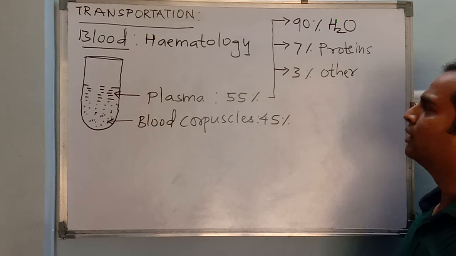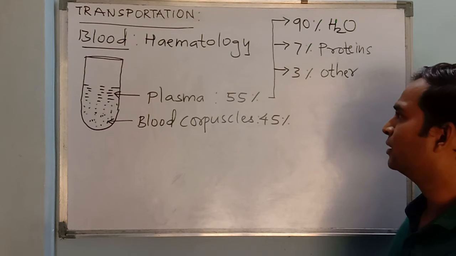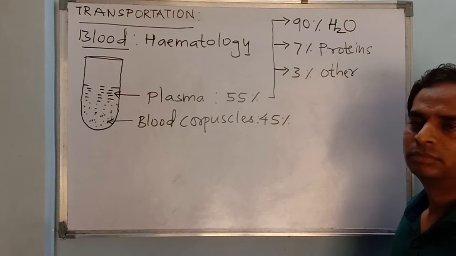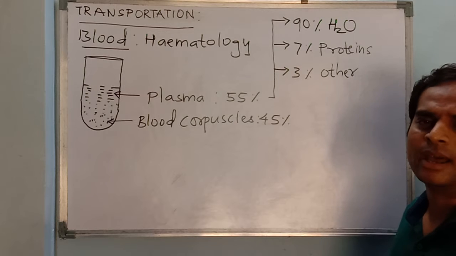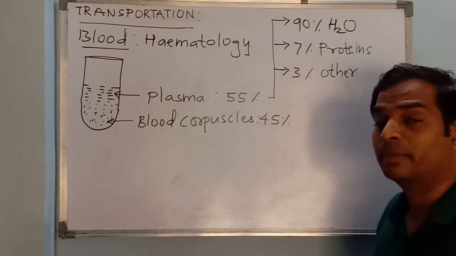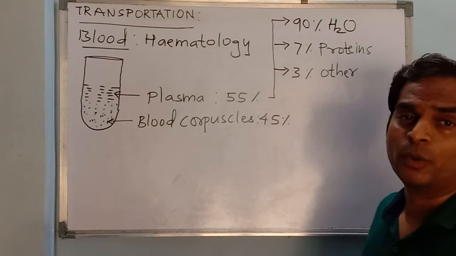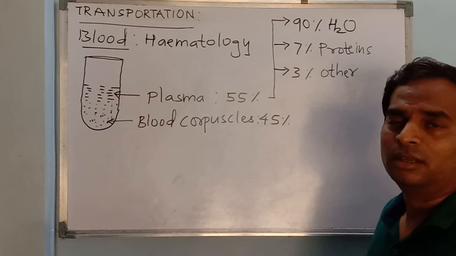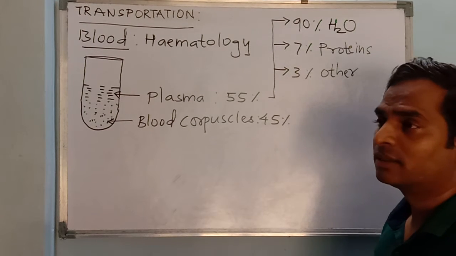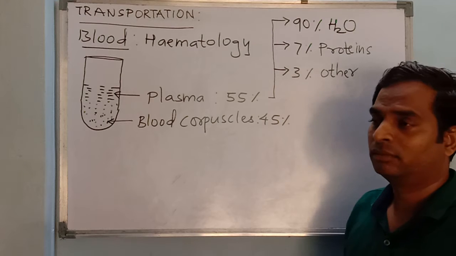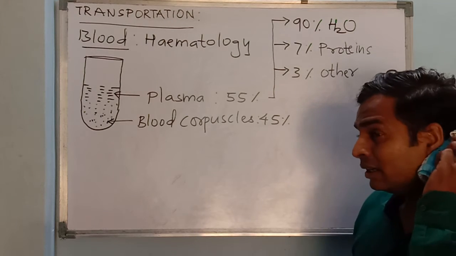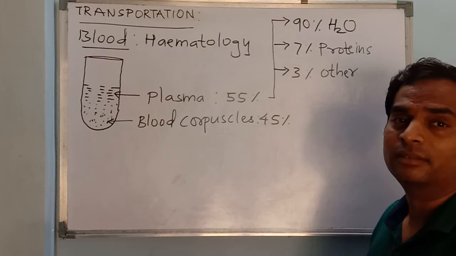Now what comes in other substances? That is gases, respiratory gases in the form of oxygen and carbon dioxide. There are wastes, the nitrogenous wastes like ammonia, urea, and uric acid.